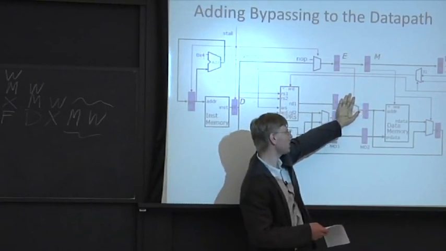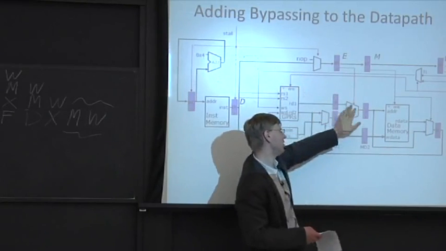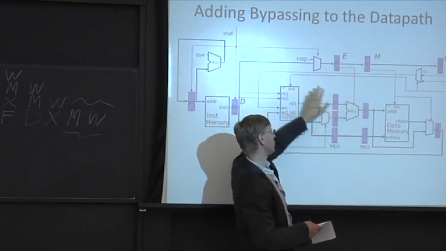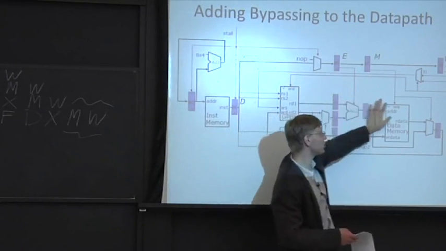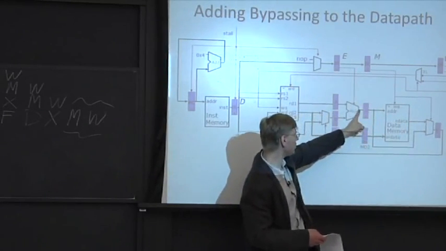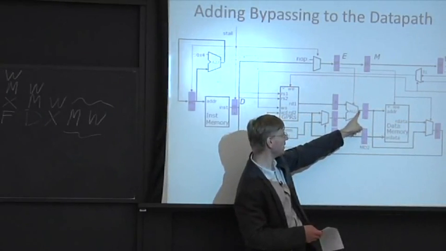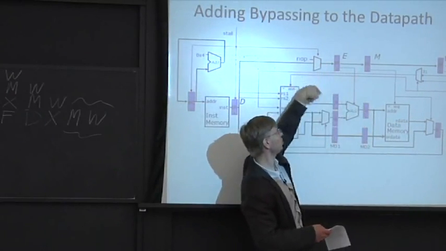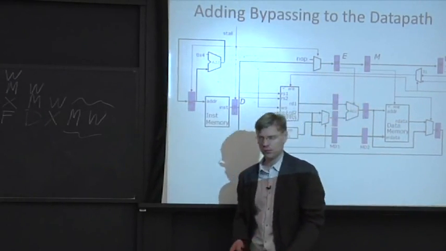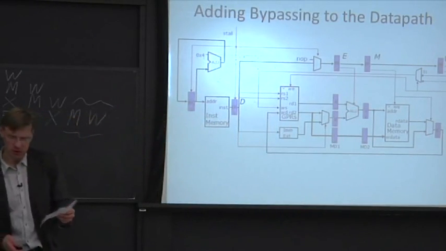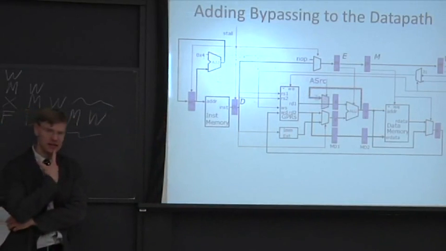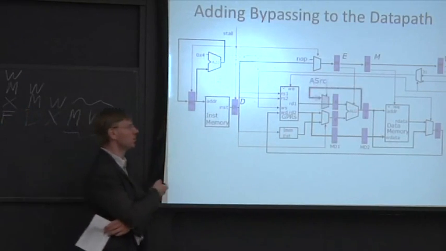And if there was any instruction which writes to an operand register identifier that this instruction is going to want to read, it's going to stall. But as you might notice, a little bit of insight here is if you have an add, you can actually try to read this value early. But our data path is not good enough to do that right now. OK, so let's add in a bypass here.